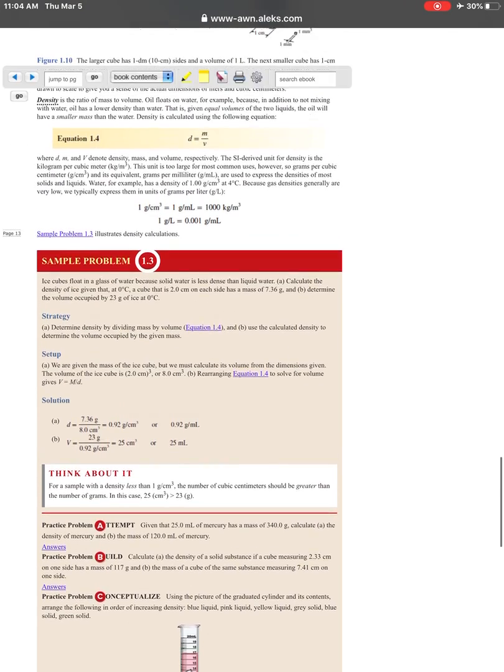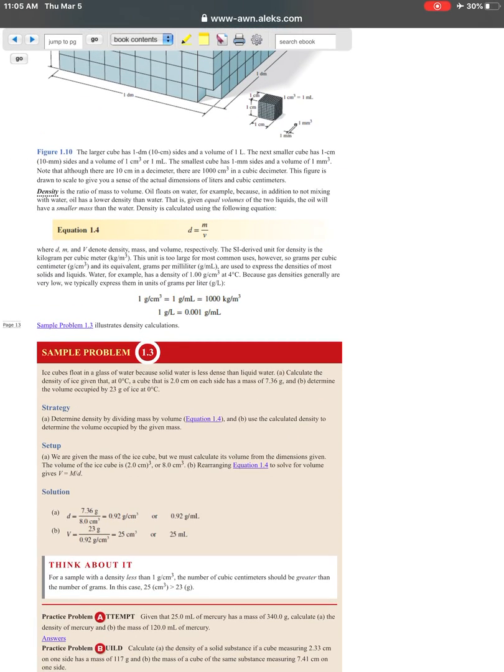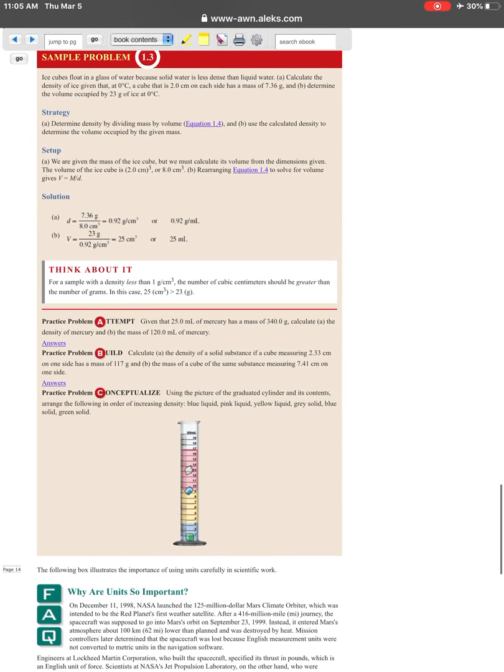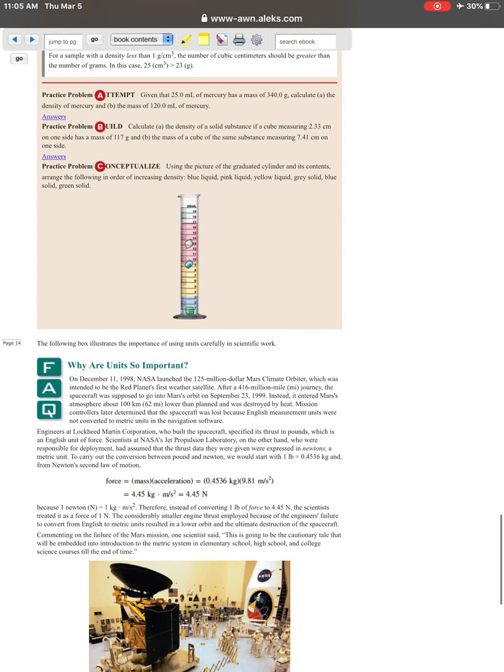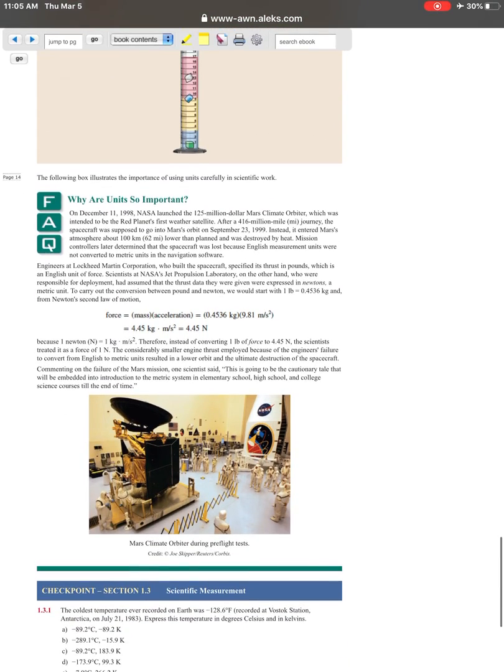I would recommend that you actually do memorize equation 1.4. That'll be useful for you. Density equals mass over volume. So try the sample problem 1.3. Try the practice problem A and B. C, conceptualize, is optional.